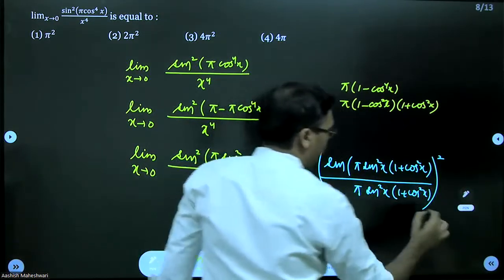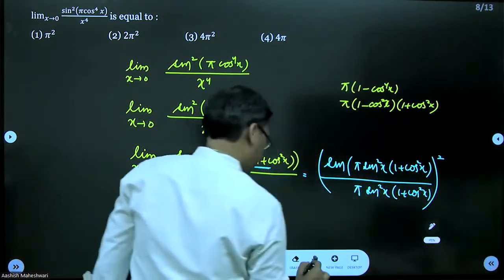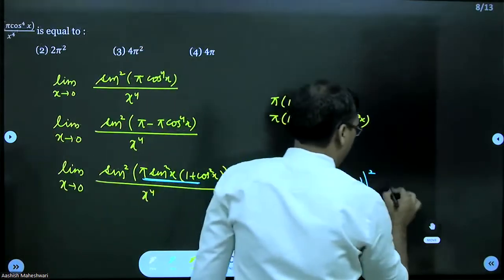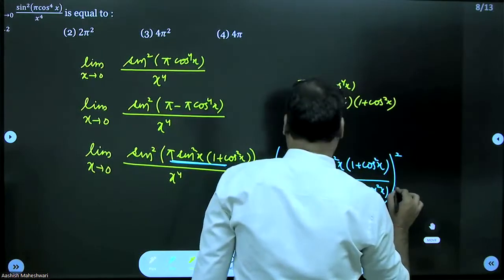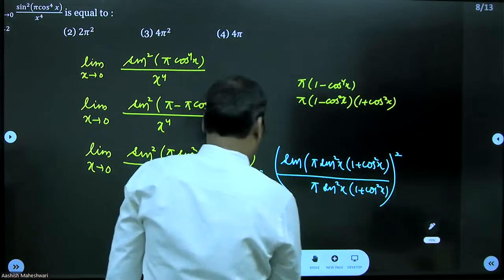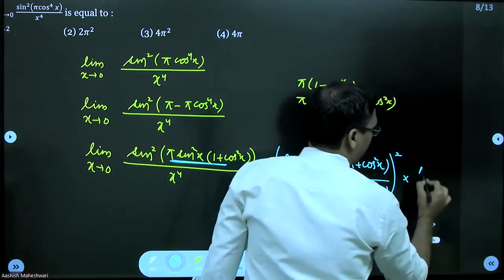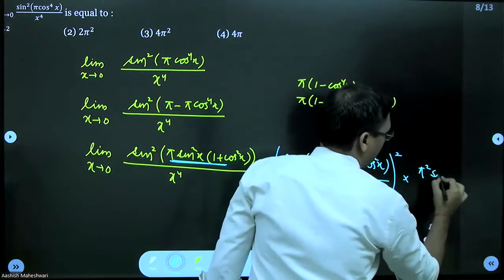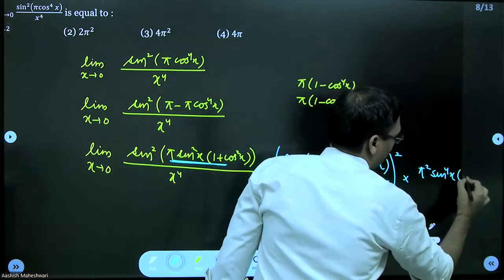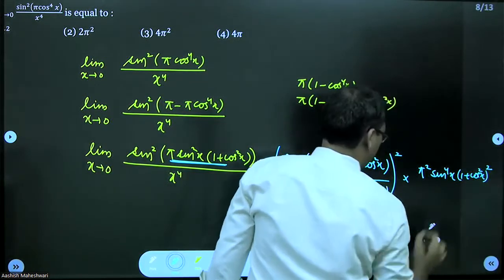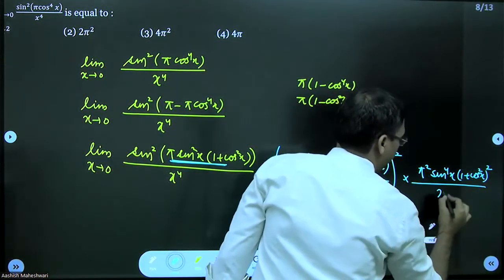Okay? Just hold. This is into pi square sin x raised to 4 into 1 plus cos square x whole square upon x raised to 4.